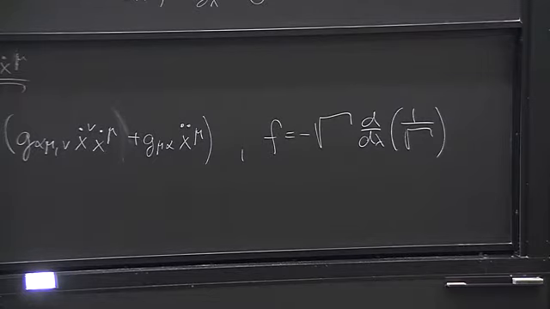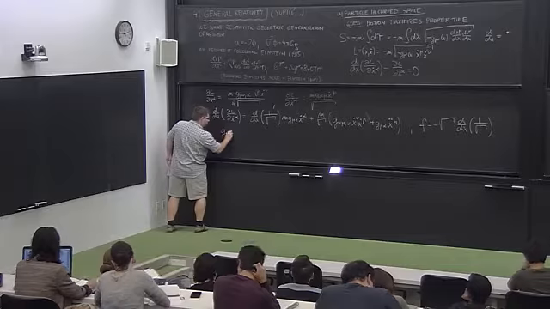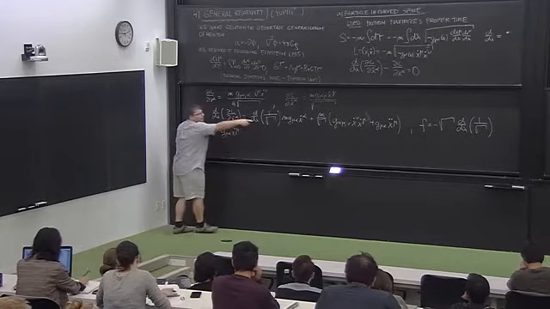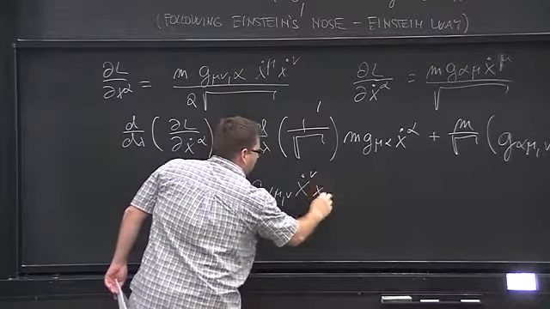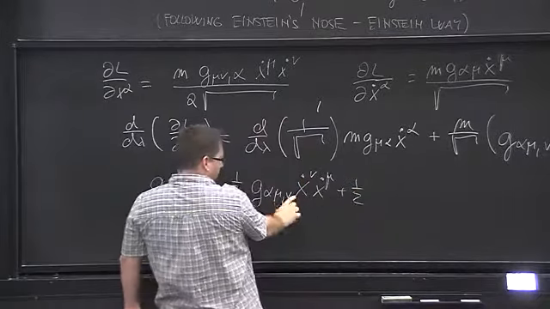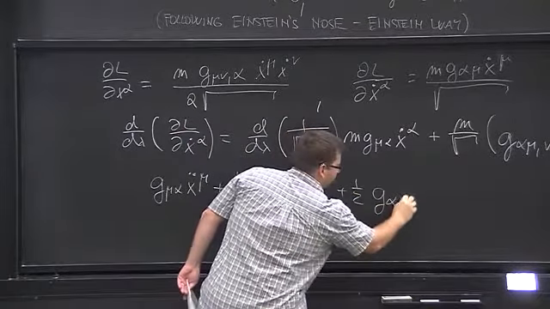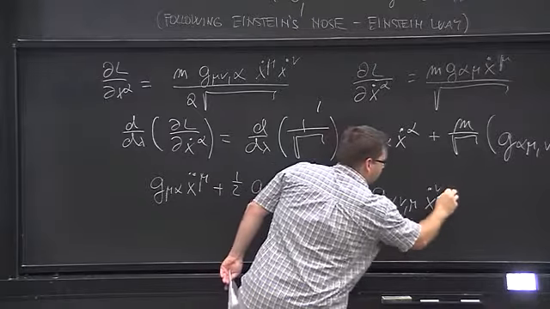Okay, so then I have the terms. I have g mu alpha x double dot mu, which is this term here. And then I have this term here. But notice that this term is x dot nu and x dot mu, so it's symmetric in nu and mu. So I can equally symmetrize mu and nu here, and write it as a sum of two terms: plus 1/2 g alpha mu, nu x dot nu x dot mu, plus 1/2, and now I switch them, g alpha nu, mu x dot nu x dot mu.